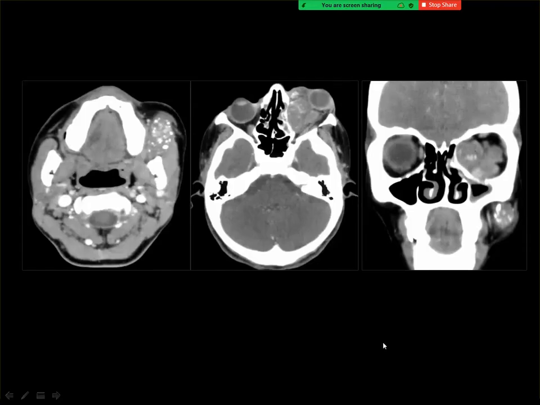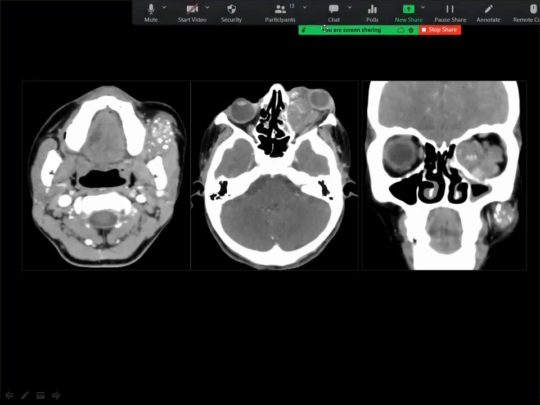The next case is a series of images obtained after intravenous contrast injection, including the floor of the mouth and the orbits in the axial and the coronal planes.